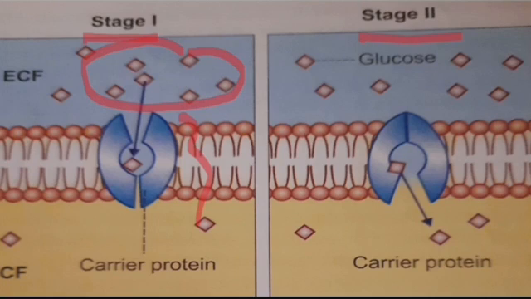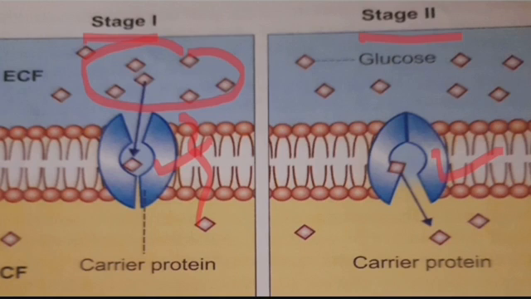The molecule of the substance first binds with the carrier protein, as you can see in this stage. Now some conformational changes occur. You can see in this second stage that small conformational changes occur in the carrier protein.